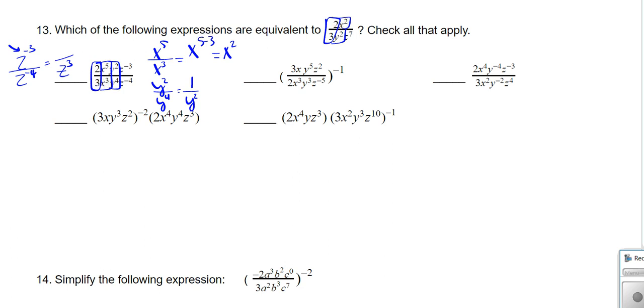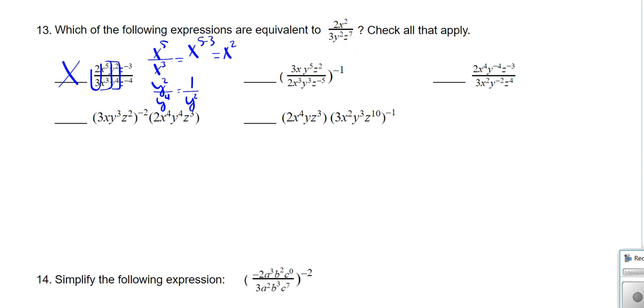Z to the negative 4, put that in the numerator, and it becomes z to the 4th. And when we simplify those, we get z to the 1st, which is not z to the 7th. So the first one is not equivalent. I'll put an X there.